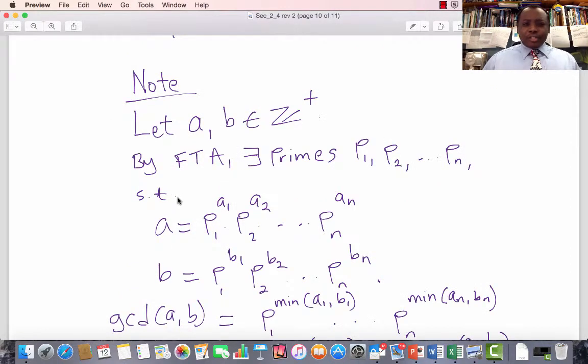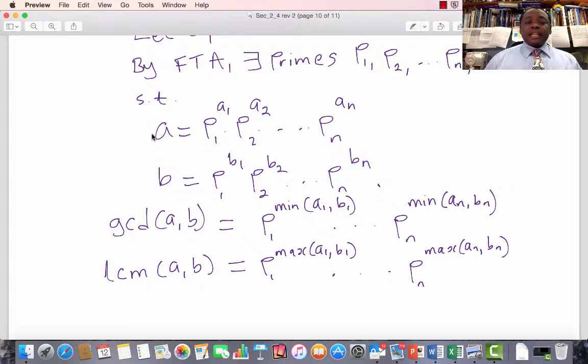Here is some bonus material for us. Suppose a and b are positive integers. By the fundamental theorem of arithmetic, or the unique factorization theorem, there exist primes p1, p2 right up to pn such that a equals p1 raised to the power a1 times p2 raised to the power a2 times pn raised to the power an.